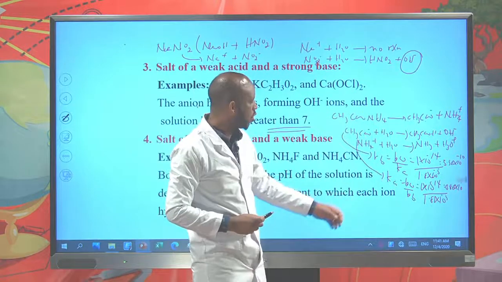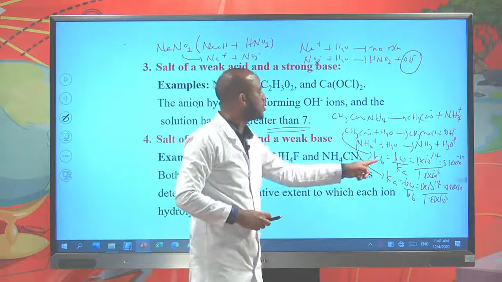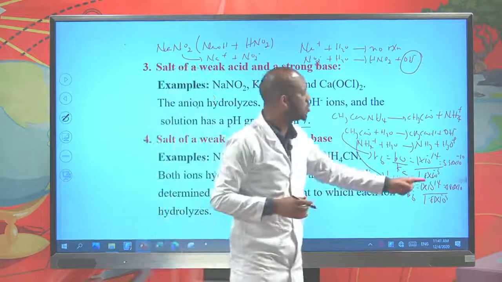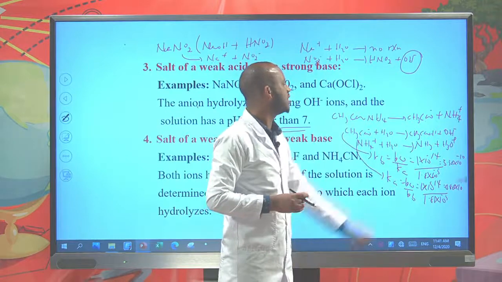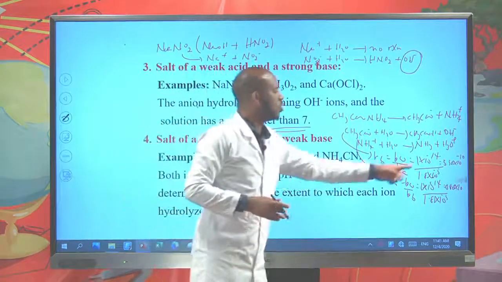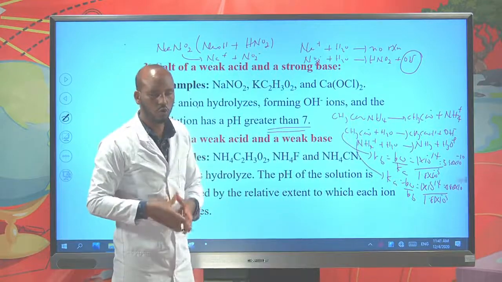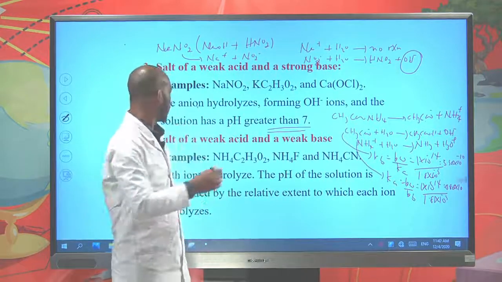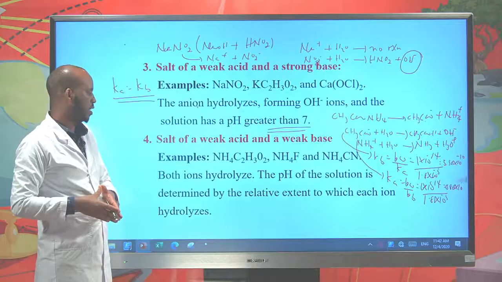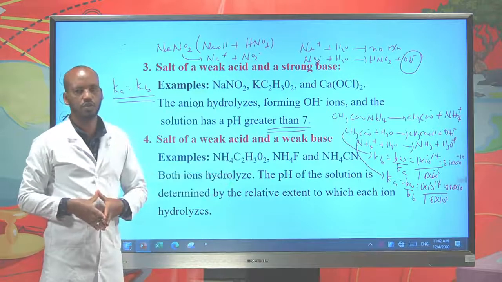Acid dissociation constant equals base dissociation constant, which implies that equal amounts of OH minus and hydronium ion are produced. Now, this solution is neutral. Therefore, if Ka equals Kb, then the solution is neutral. The solution of ammonium acetate is neutral.